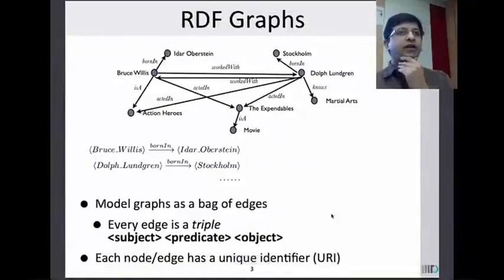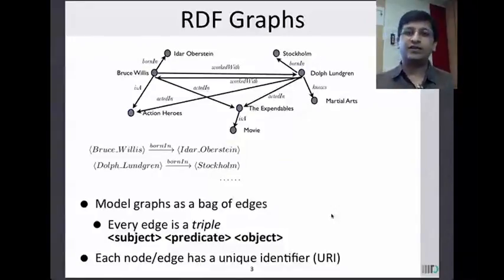So just to give a brief introduction of what these graphs would look like in a linked data setting, right? I was thinking about which are good examples to give, and then I happened to catch the DVD of Expendables, so I thought I will talk about the good old Bruce Willis and Dolph Lundgren, who are heroes in this movie, right?